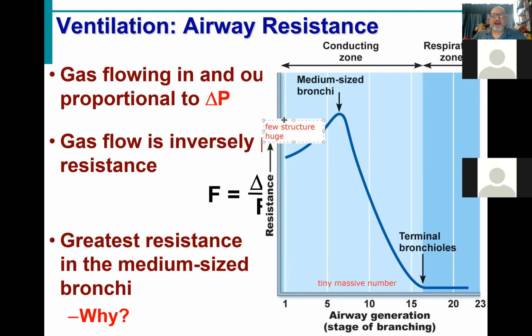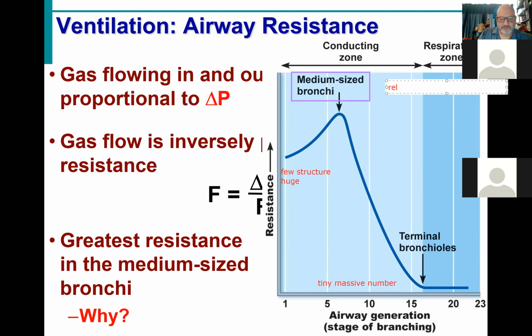So notice the highest resistance in our airways is in those mid-sized bronchi. In the mid-sized bronchi, somewhere around 7 or 8 levels of branching, they are now relatively small, but still few in number.